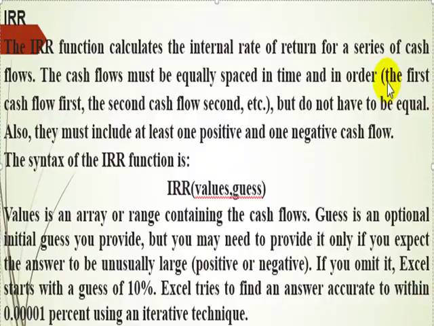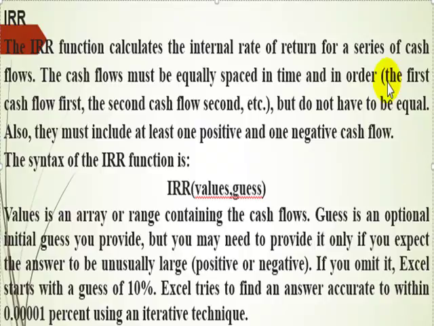Let us do a little bit of explanation. The IRR function is that rate at which, when a firm borrows funds to invest in a particular project, the fund is being borrowed at a particular rate known as the cost.